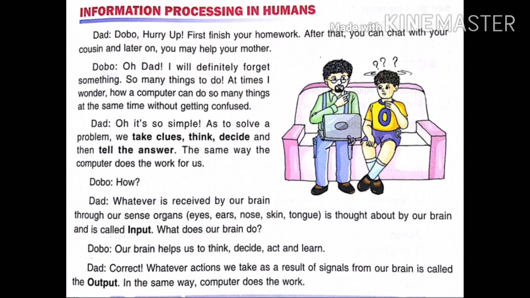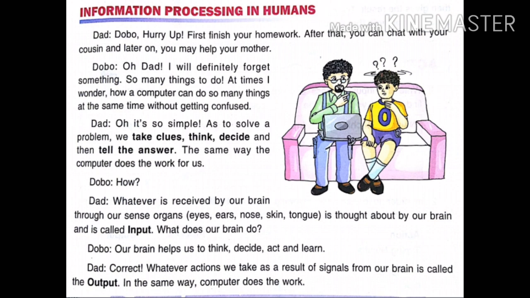Dobo: At times I wonder how a computer can do so many things at the same time without getting confused. Dad: Oh, it's so simple. To solve a problem, we take clues, think, decide, and then tell the answer. The same way the computer does the work for us. Dobo: How?